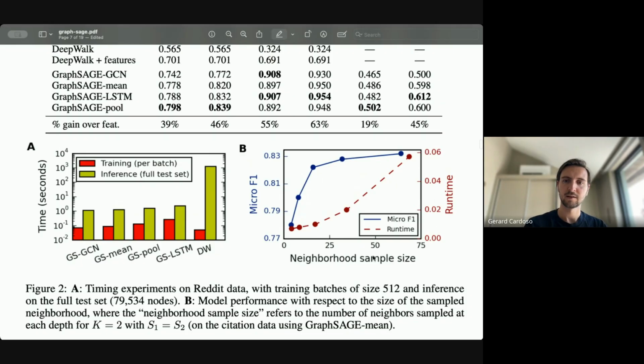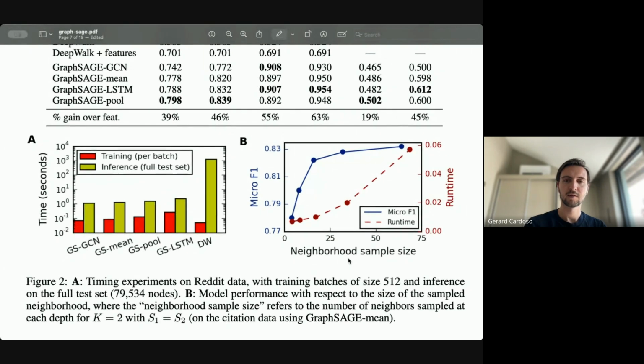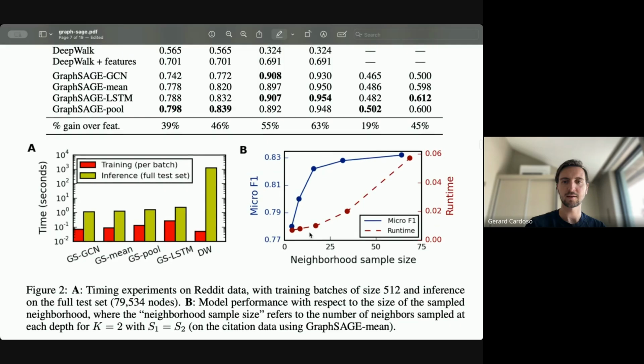And this graph shows basically the experiments they ran with different sample sizes. In this case, they had k equals 2, so that you go 2 hops, and they sampled the same for both iterations on the citation data. You can see the performance plateaus around 30 neighbors for this specific data set.